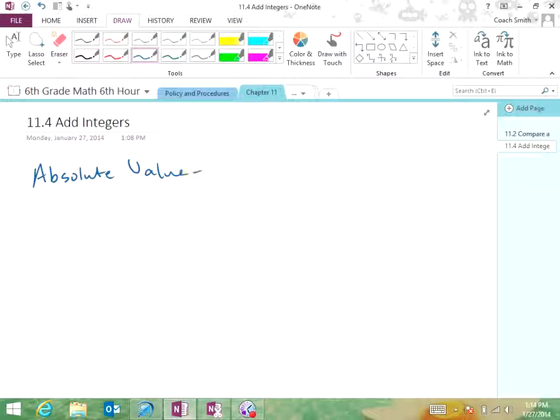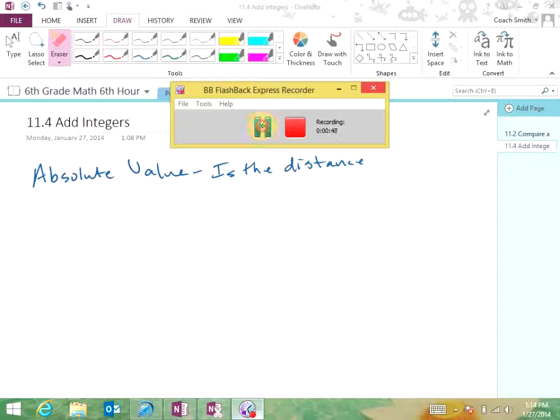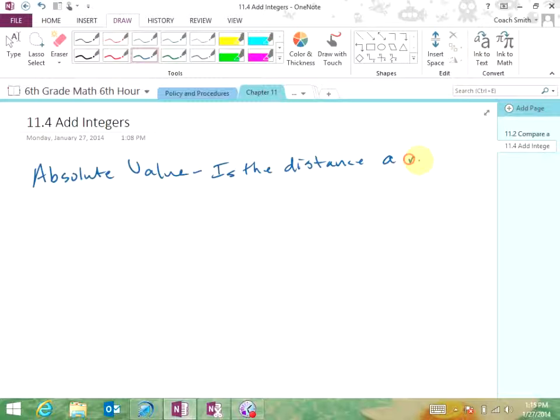The absolute value of any number is the distance a number is from 0 on a number line.